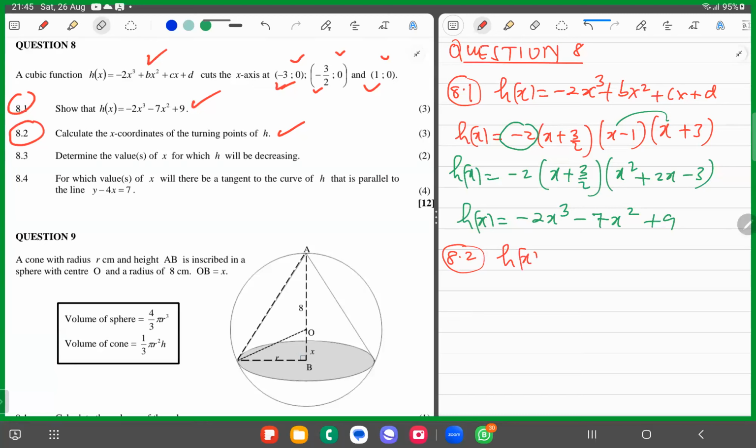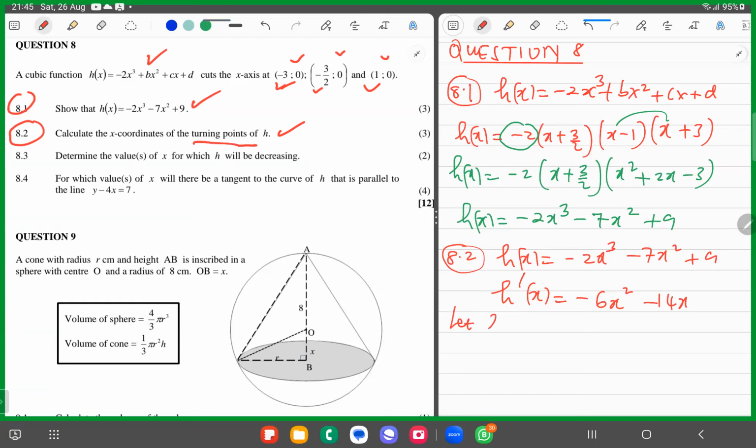So you note that h is minus 2x cubed minus 7x squared plus 9. And then now you can find h primed of x, which is minus 6x squared minus 14x. Right, so 9 is a constant, so the derivative is 0. You equate it to 0 for the derivative, so in other words, for the coordinates of turning points, you equate it to 0.